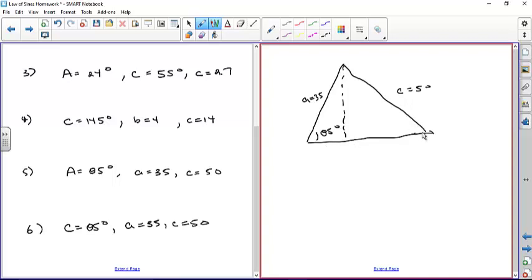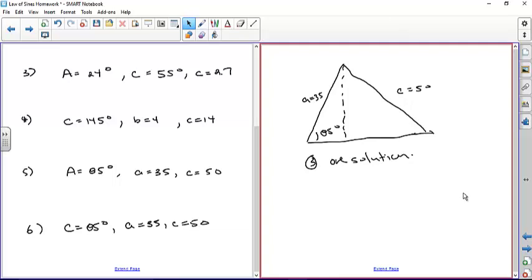It would rotate all the way around here and run into this horizontal line, but then this angle, 85 degrees, would no longer be an internal angle. So this is scenario 3 if you look in the book. So it means there's only one solution, and hence the procedure is reasonably simple.